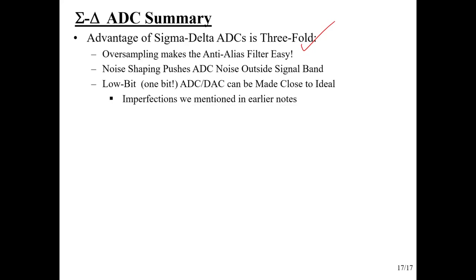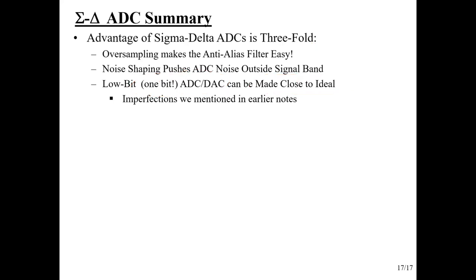And because of that, we get a high trade-off, and that means we can start with a very low bit A to D, maybe even 1 bit inside the sigma delta, and those things can be made virtually ideally. So those nonlinearities and things like that we mentioned in earlier notes, not an issue.